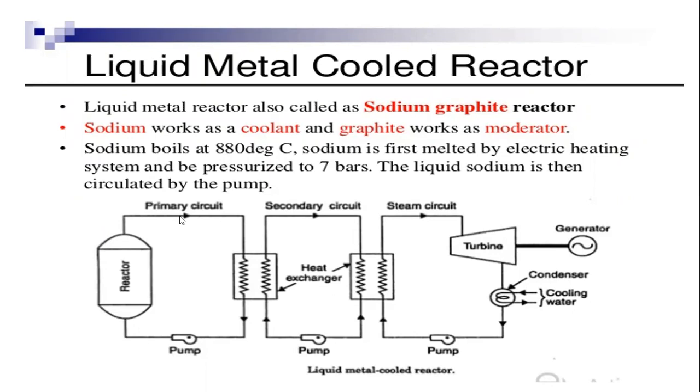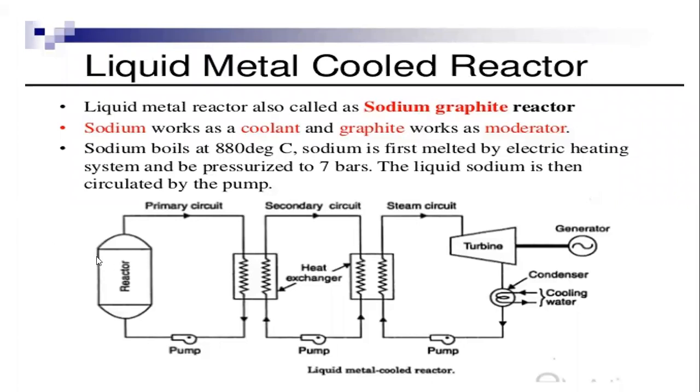This is the primary circuit and this is the secondary circuit. In between the primary and secondary circuits, we are using heat exchangers. This is heat exchanger 1 and this is heat exchanger 2, and this is the steam circuit. Then it will be given to the turbine.